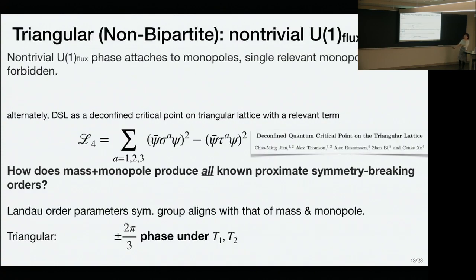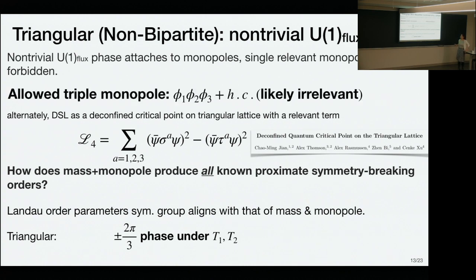And the consequence for a non-bipartite lattice, taking the triangular lattice for example, is that the monopole always carries a non-trivial U1 phase under these relevant symmetries. So this means that a single relevant monopole is forbidden in the theory.